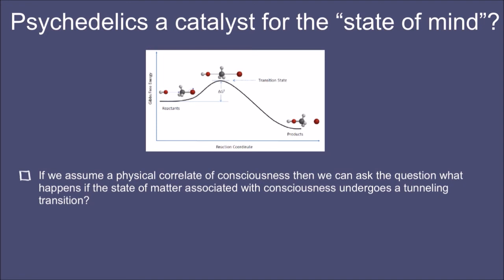So we think of psychedelics as nothing more than a way to catalyze a reaction. And then we can ask the question, what would happen if you're in a state of mind, a catalyst comes in, and you go, let's say, through a tunneling transition? That's an interesting thing to think through.